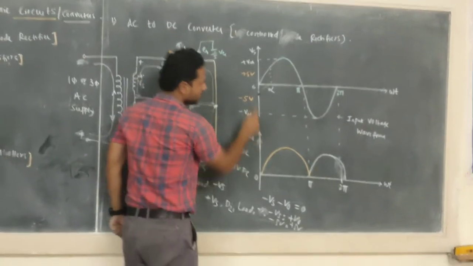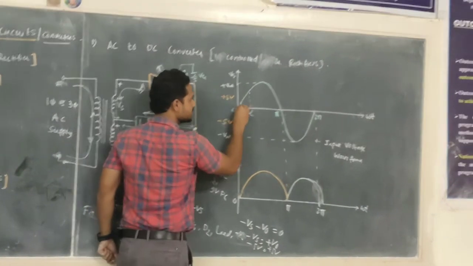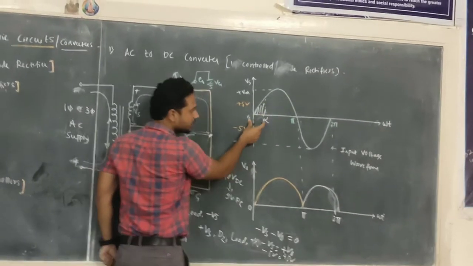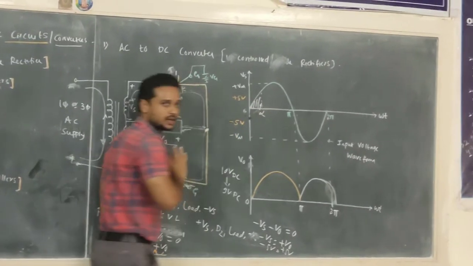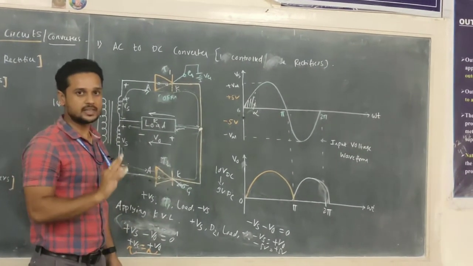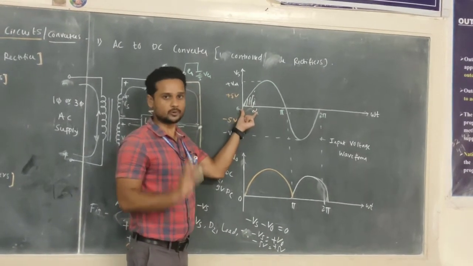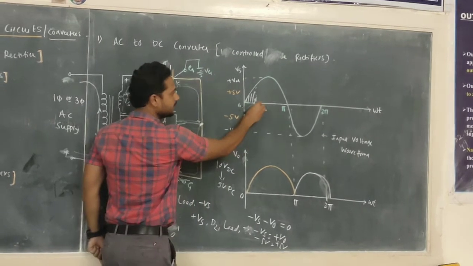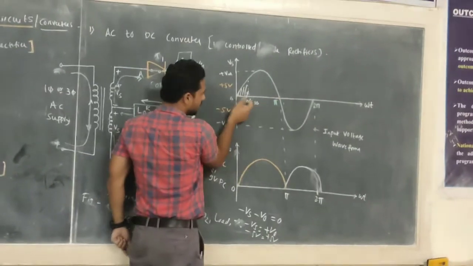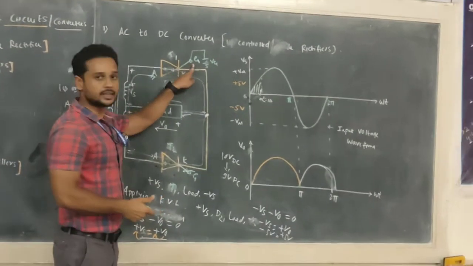Now if the firing angle is set from 0 to alpha, this suggests that during this time duration from 0 to alpha, your thyristor T1 is not conducting. Firing angle means that this portion of output voltage will be removed. Let us say this is 30 degree, so totally you have 180 degree. Up to 30 degree, your thyristor T1 is not conducting, though you are applying the gate voltage.